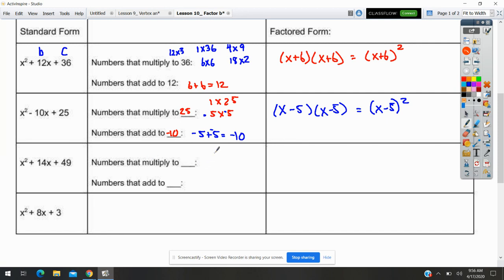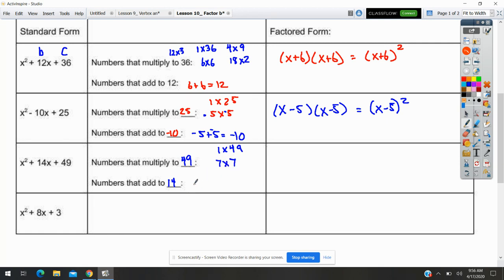Okay. Lastly, here we need factors that multiply to our C, which is 49. And you kind of see a theme going here, you should. And numbers that add to 14. So I know that 1 times 49 gives us 49, and also 7 and 7.